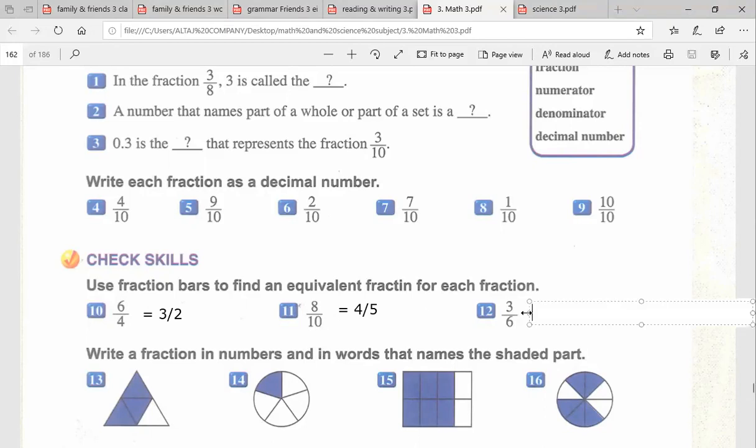And we have 3/6, which is 1/2. 3 times 1 is 3. 3 times 2 is 6. 6 divided by 3 is what? 2.